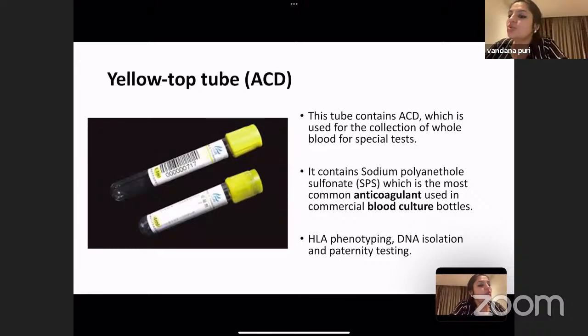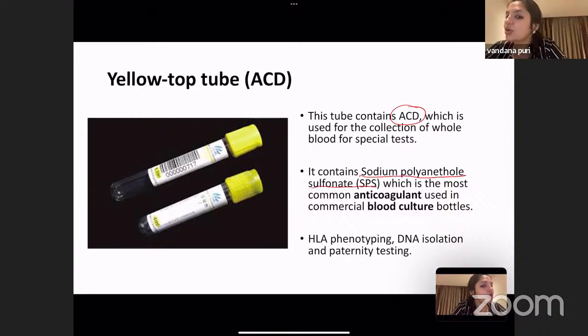Now, to understand this concept better, we have a yellow topped vacutainer. This is not golden top. This is a yellow topped vacutainer. Remember, it has ACD, that is acid citrate dextrose, along with sodium polyanethol sulfonate.